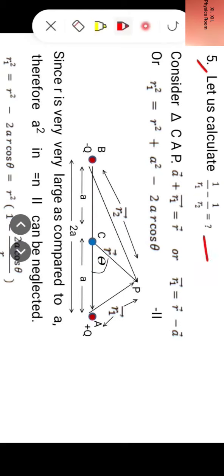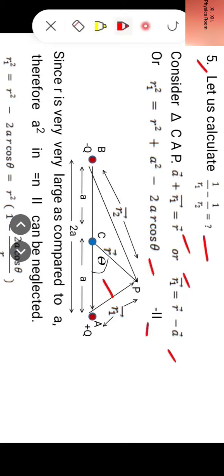Consider triangle CAP. According to the triangle law of vectors, we have vector A plus vector R1 is equal to vector R, or vector R1 is equal to vector R minus vector A. And now we are to calculate the magnitude of R1. We write here R1 square is equal to R square plus A square minus 2AR cos theta.